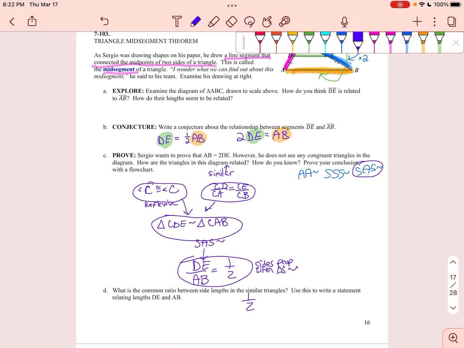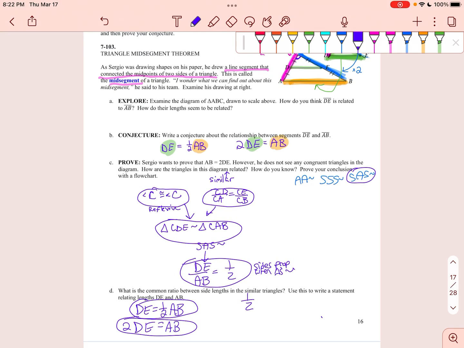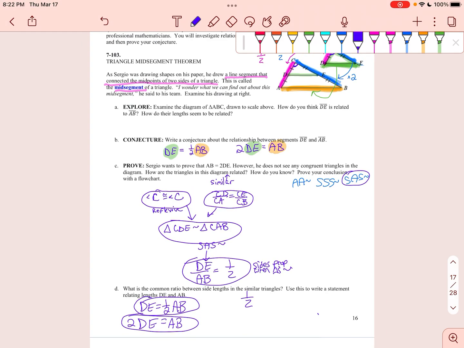And it says use this to write a statement relating the lengths, and we already did. We said that DE was equal to half of AB. You can also say that 2 of DE is equal to AB. Okay, these are the same statement, just written a little bit differently. So if I, again, multiplied the top by 2, it would get me to the bottom equation.